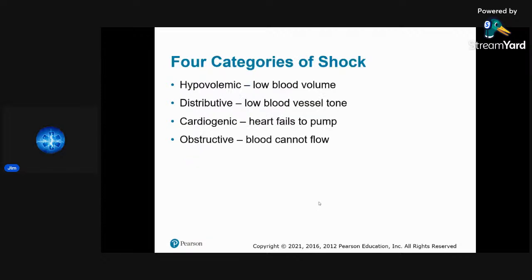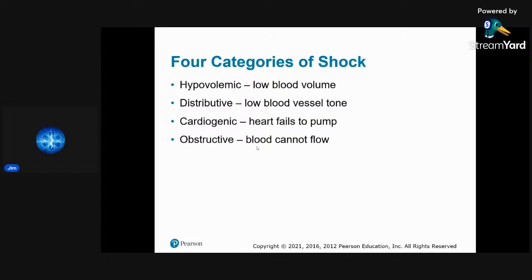It's death. There are four categories of shock. We have hypovolemic, which is low blood volume, either through blood loss or dehydration. There's distributive shock, which is low blood vessel tone, like septic shock and anaphylaxis, or allergic reaction. Cardiogenic shock is when the heart has failed for some reason, a lot of times either trauma or a disease process like an MI, or heart attack.